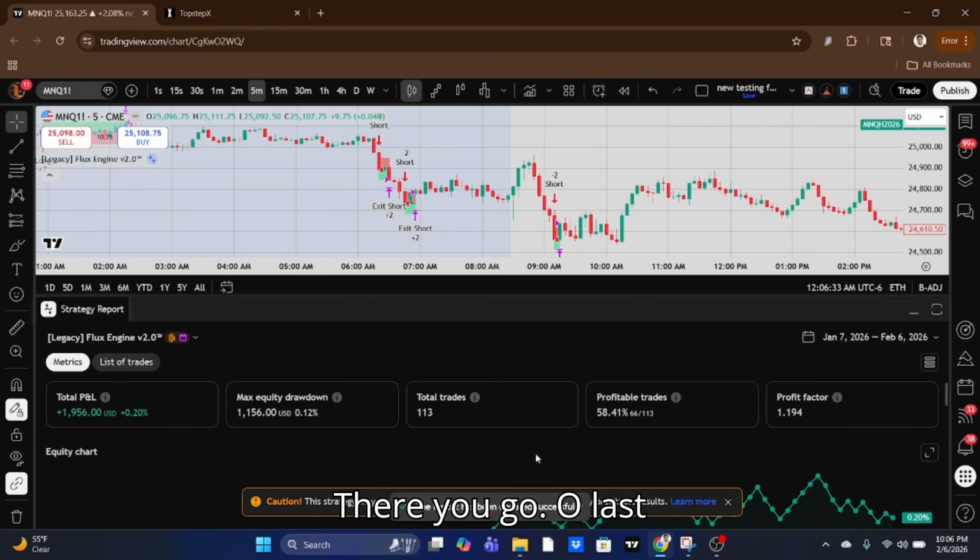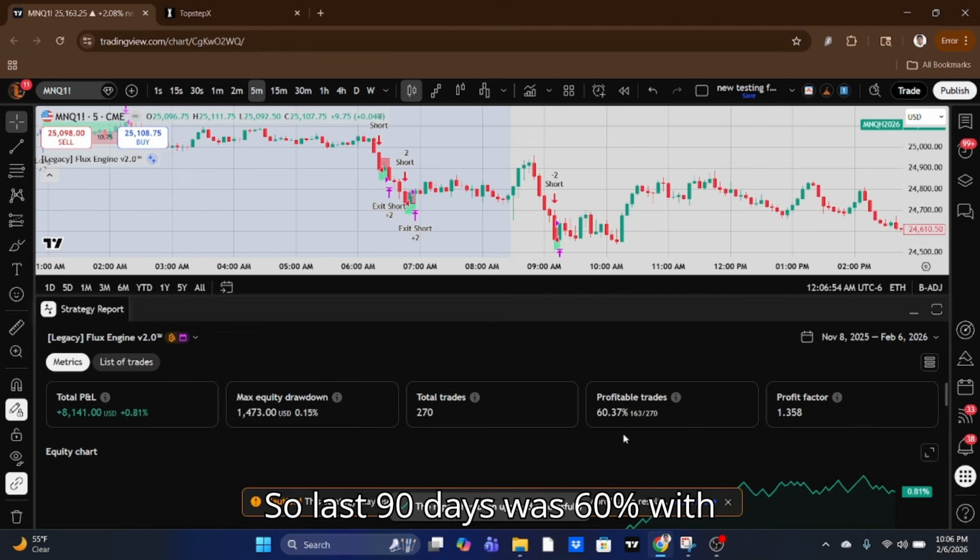There you go. The last 30 days was a lot better. Almost 2K in P&L, 1K drawdown, 58%. Profit factor 1.1. Let's do the last 90 days. The last 90 days was 60% with a 1.3 profit factor. P&L was 8K, drawdown was like 1.4K, so not bad.